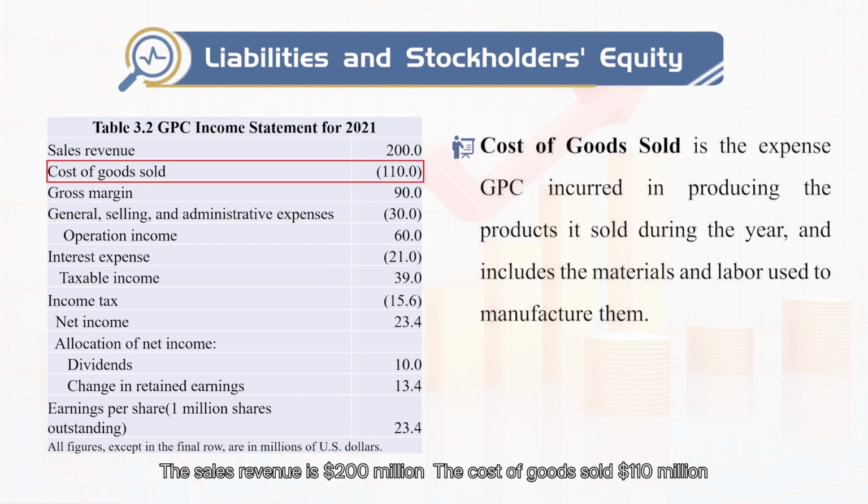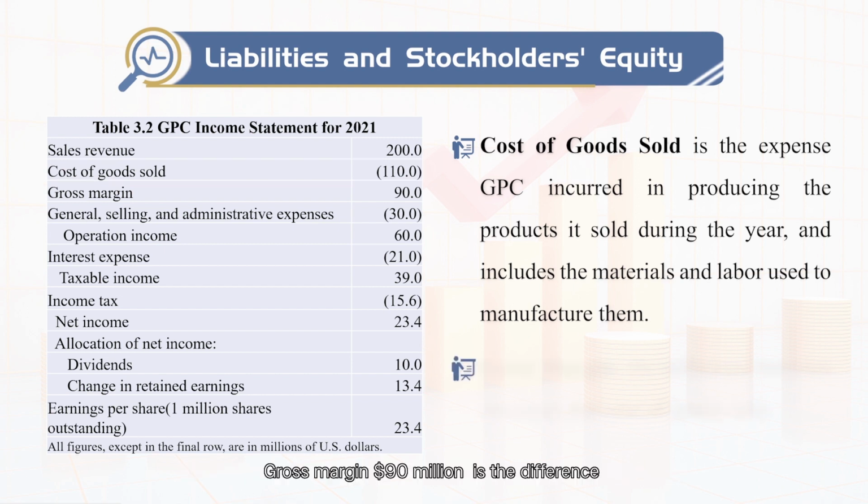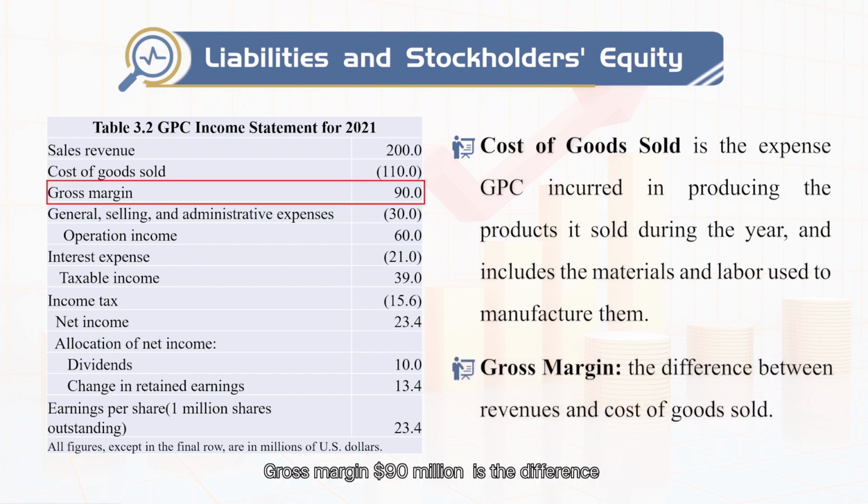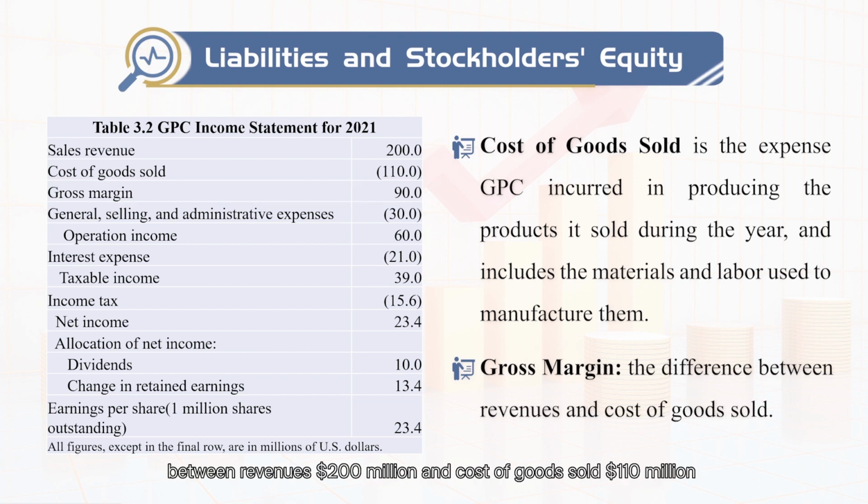The cost of goods sold, $110 million, is the expense GPC incurred in producing the products it sold during the year and includes the materials and the labor used to manufacture them. Gross margin, $90 million, is the difference between revenues, $200 million, and the cost of goods sold, $110 million.